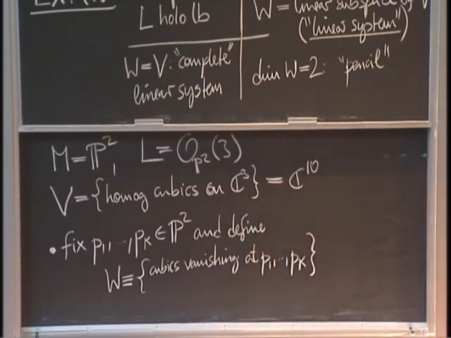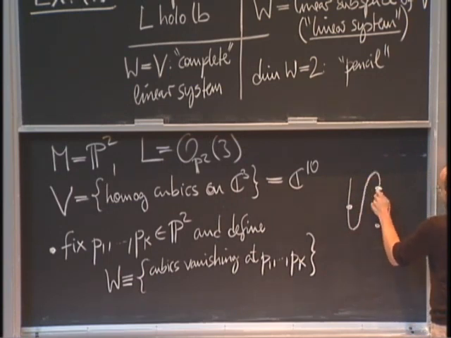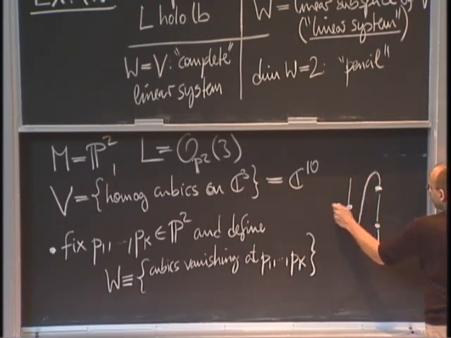That's a canonical way of passing to a linear subspace. You're imposing conditions of vanishing. Geometrically, that just means I'm fixing a bunch of points, and I'm only looking at cubic curves that pass through these points.